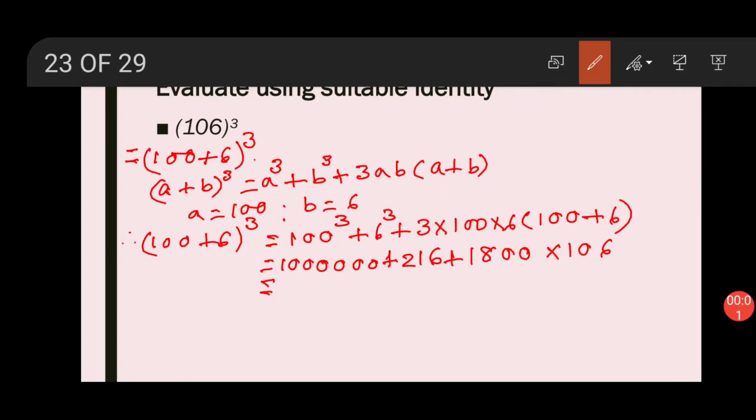Now, on further simplification we will get 1000000 plus 216 plus 1800 into 106, which is 190800.